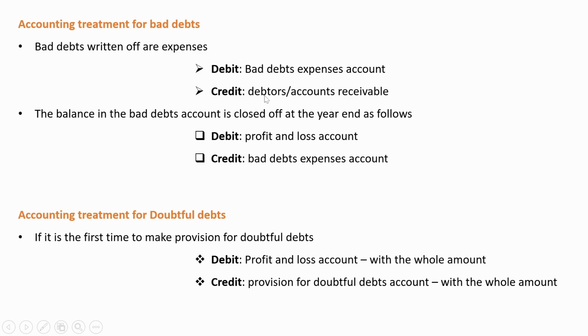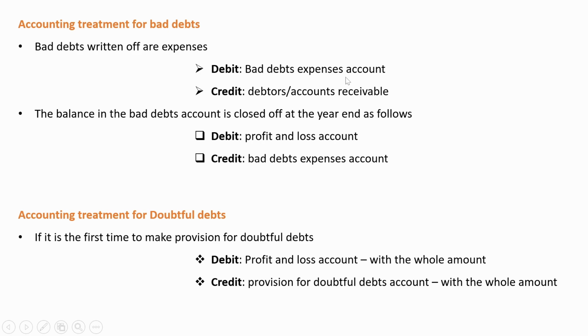So if the customer comes and acknowledges that they owe you money, or they do something such as making half of the payment or part of the payment, we are supposed to recover those debts. So bad debts recovered, you do the opposite of what we have done here. You're going to debit the debtors account or the accounts receivable, and then you credit the bad debts expenses account.